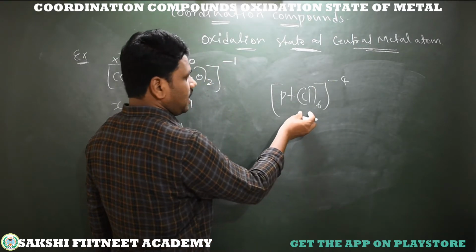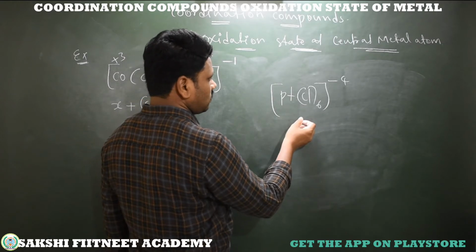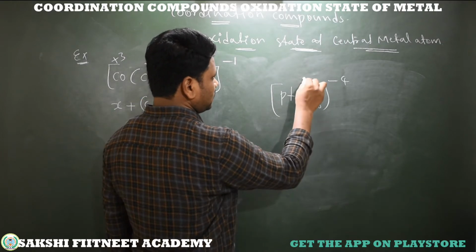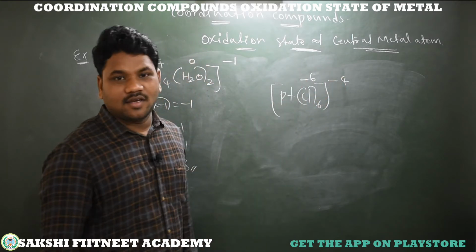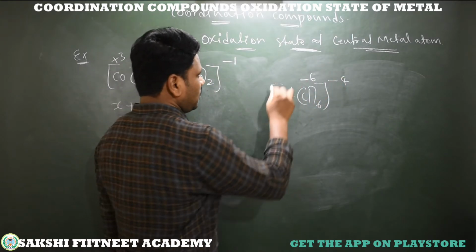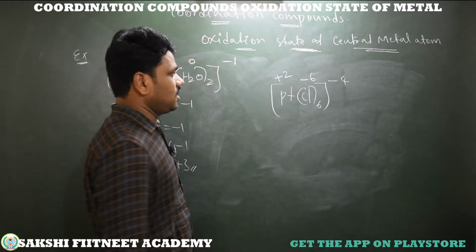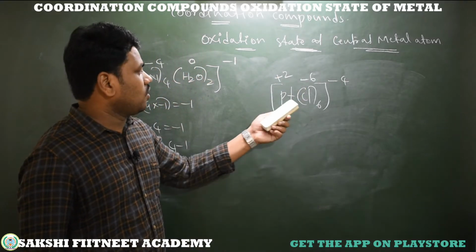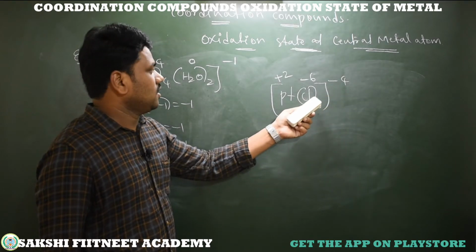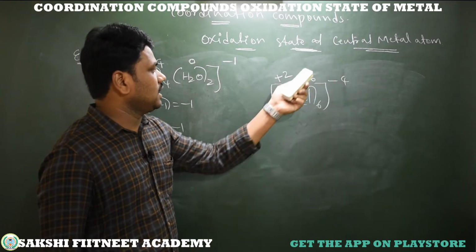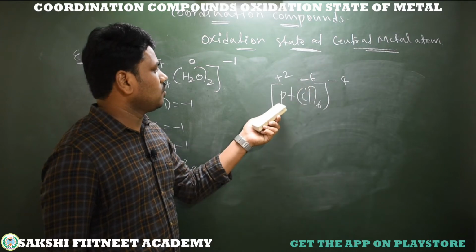See here, each ligand which is chlorine gives minus 1 oxidation state, so 6 ligands are there, it's minus 6, and the total charge is minus 4. So obviously what is the charge of platinum here? It's plus 2. Hexachloroplatinate, because total overall charge is minus 4. I am just comparing minus 4 with the ligand charge.